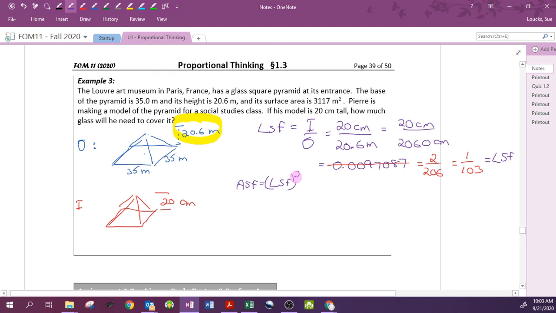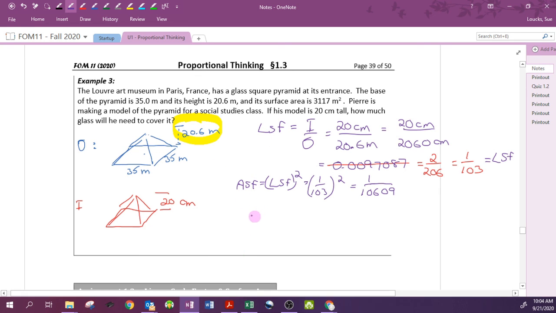So that's 1 over 103 squared, which is 1 over 10609. Can you imagine if I had kept that decimal of 0.0097087 and squared it? It would be a ridiculously tiny number. So it's better, I think, to keep it with numbers that look like things we can relate to.